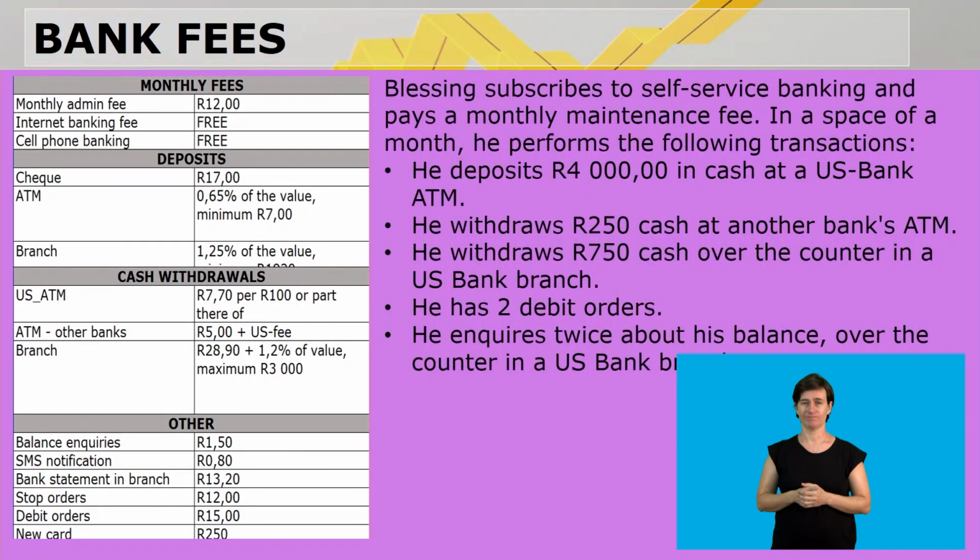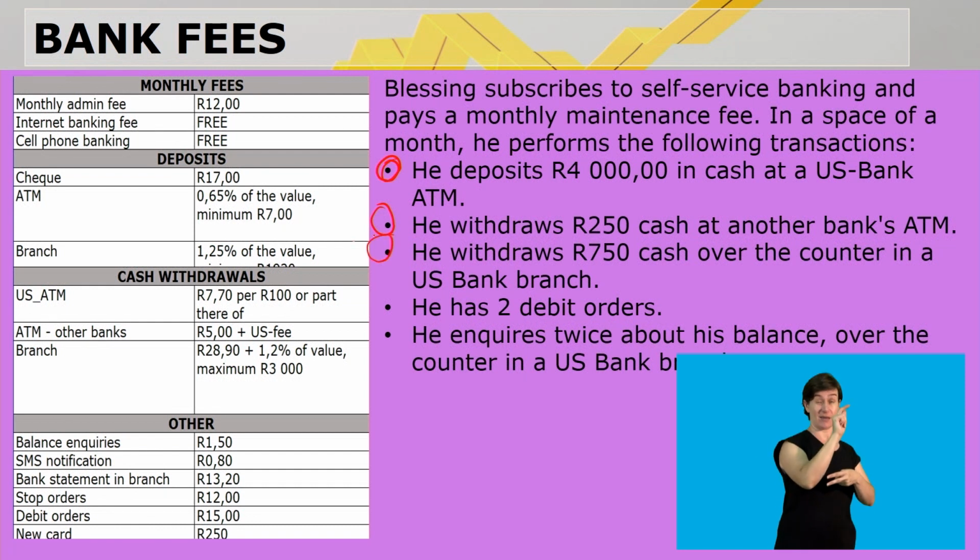Now let's look at a question. Blessing subscribes to self-service banking and pays a monthly maintenance fee. In the space of a month, he performs the following transactions. He deposits 4,000 Rand in cash at an Us bank, so his own bank. He withdraws 250 Rand cash at another bank's ATM.